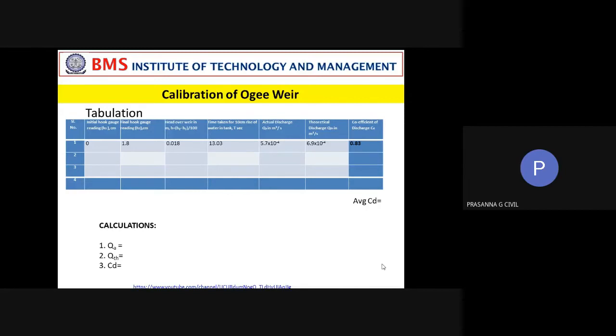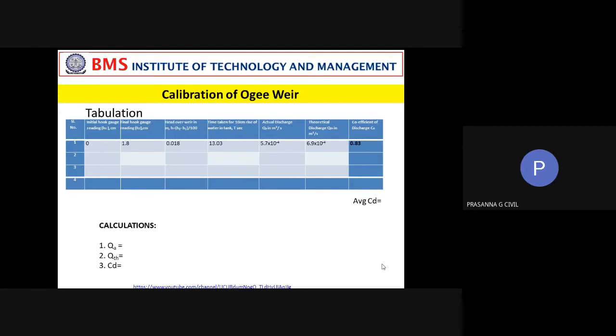Using the formulae that were given in the previous slide, the actual discharge is calculated as 5.7 into 10 raised to minus 4 meter cube per second, and the theoretical discharge is calculated as 6.9 into 10 raised to minus 4, and CD will be given by actual discharge divided by theoretical discharge.